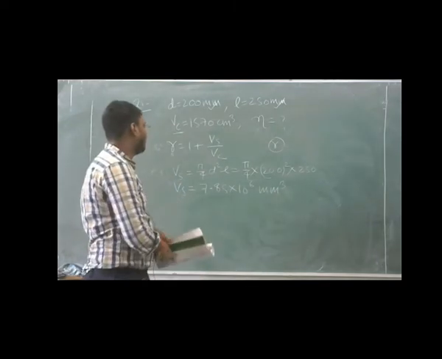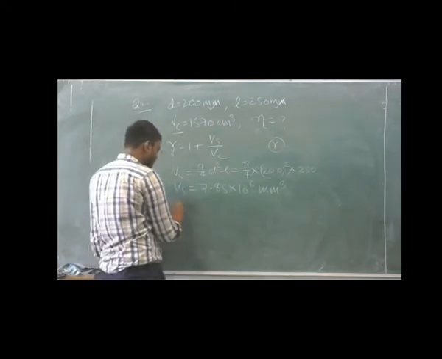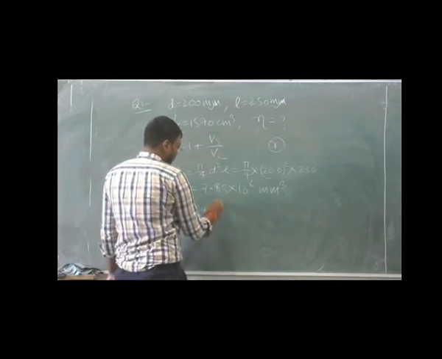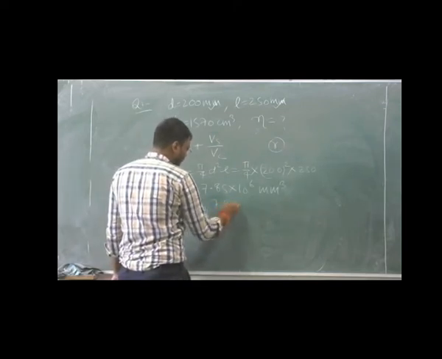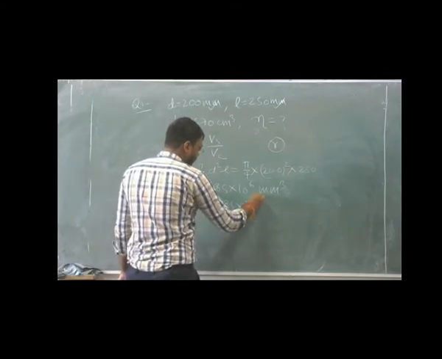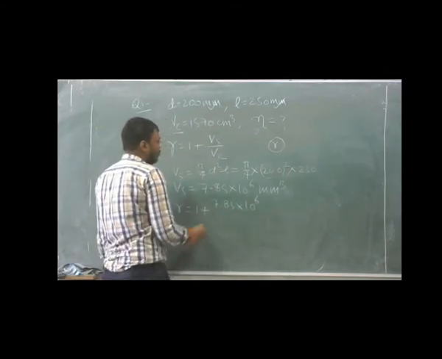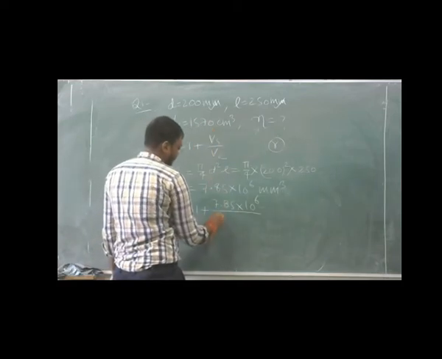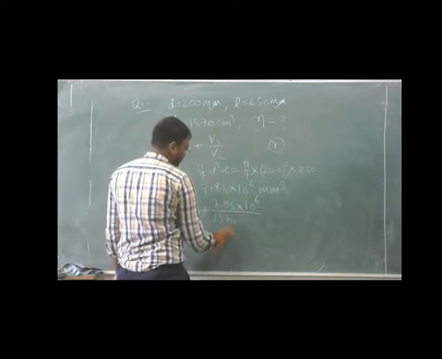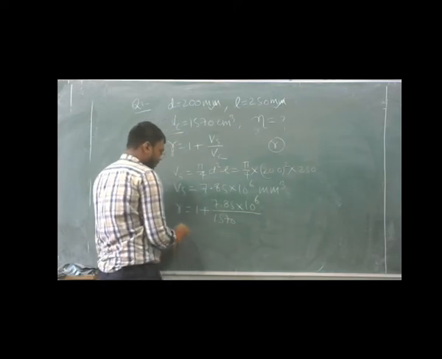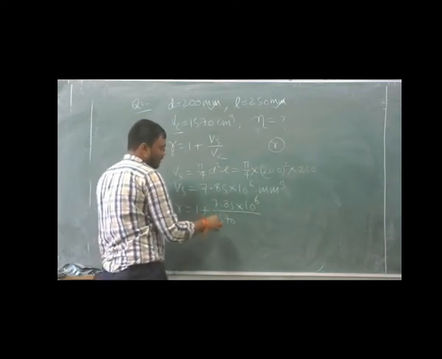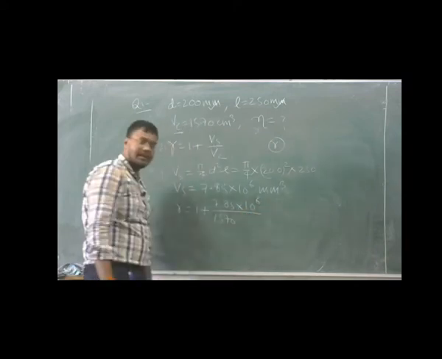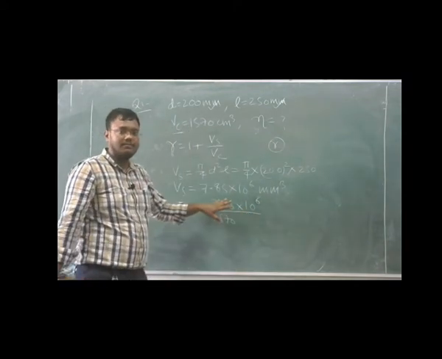Now we need to calculate the value of R. So R is equal to 1 plus 7.85 into 10 to the power 6 mm cube divided by the value of Vc, 1570, and calculate this value to find R. But this is wrong.